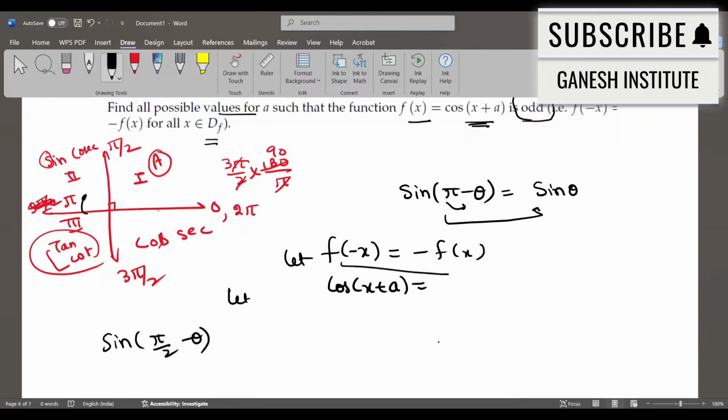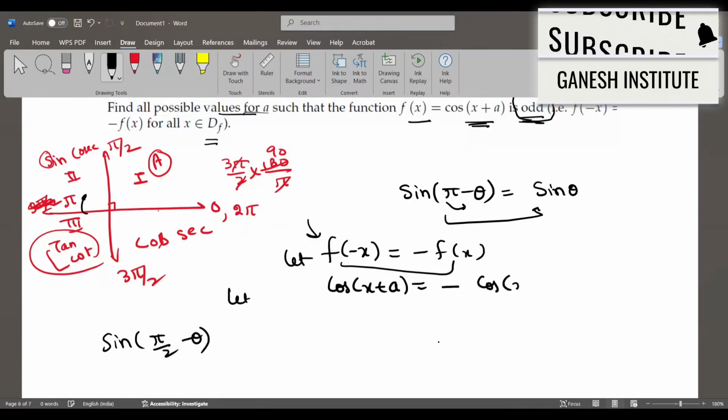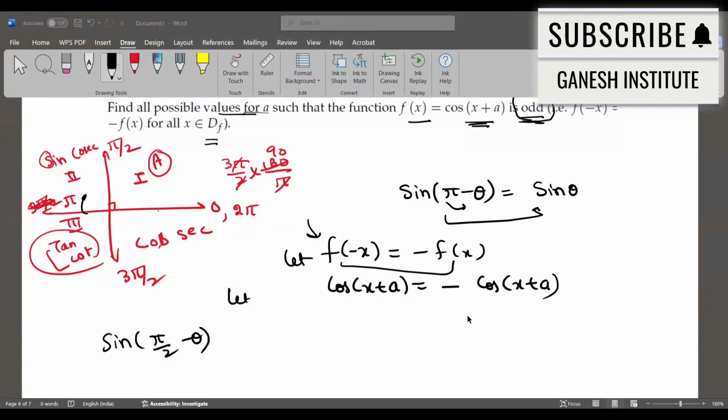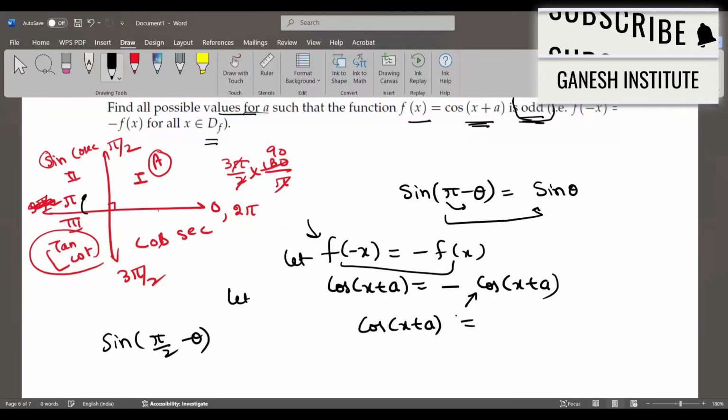At the moment, if I take the converse, so it is already saying that it is odd. So I can assume that yes, if it is odd, let's find out the value of a. So that means this is the thing, correct? When is cos negative?